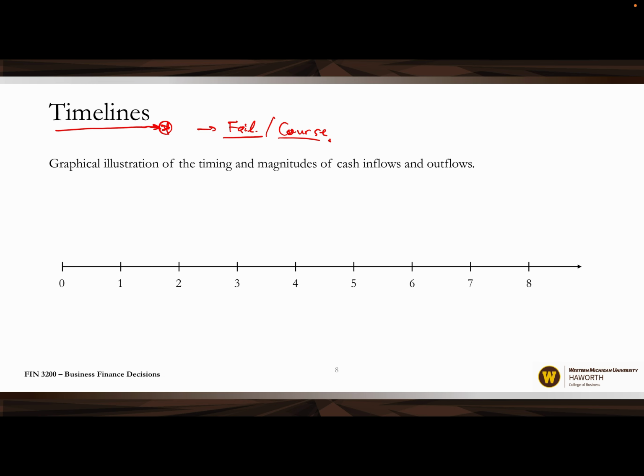A timeline is just a graphical illustration of the timing and magnitude of the cash flows, whether it's an inflow or an outflow. For example, if you have a $300 income in year 3, we just look at year 3 and put $300 on top of year 3.